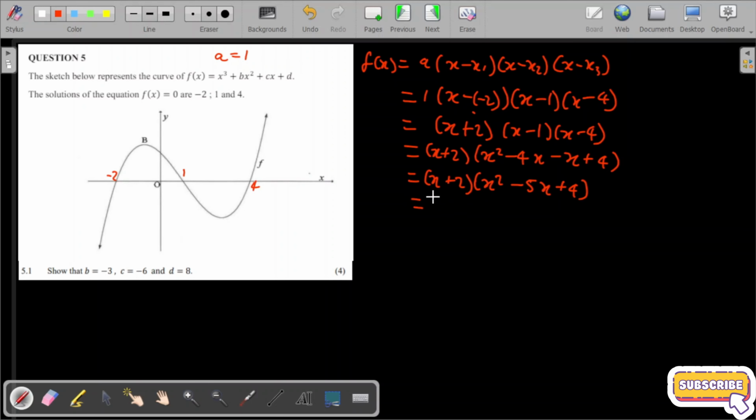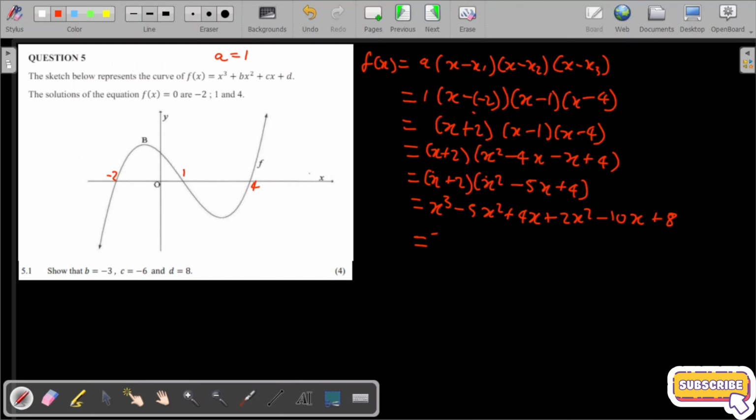And then from here, I'm going to multiply this and this, which gives me x cubed. And then this and this gives me a negative 5x squared. And then this and this give me positive 4x, and this and this give me a positive 2x squared. This and this give me a negative 10x, and this and this give me a positive 8.